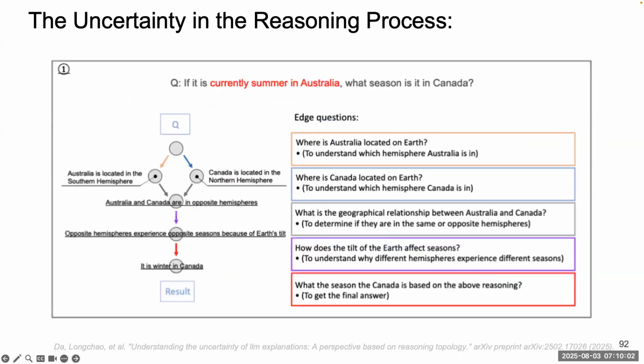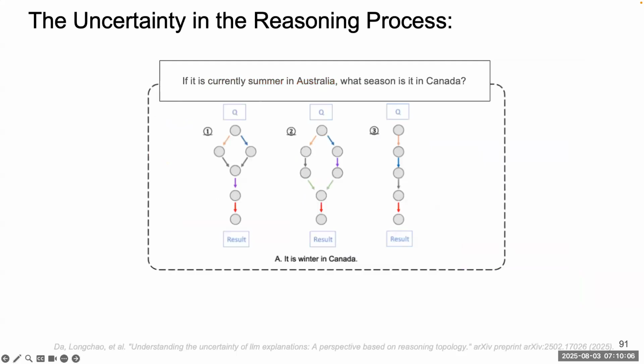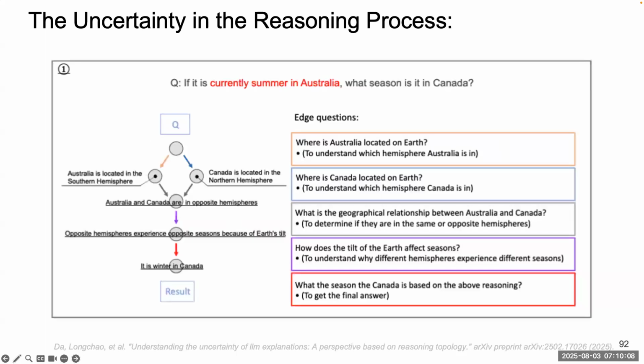So there are specific reasoning steps. The first one, this left-hand side, this reasoning structure is something like this. For each edge, they ask the language model to generate the sub-questions as edges, and the answers to the sub-questions would be considered as nodes.